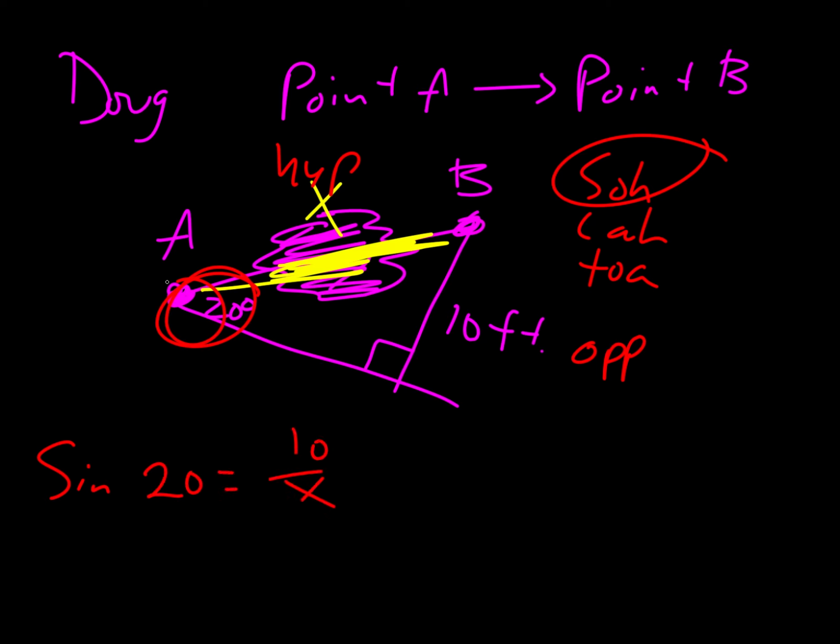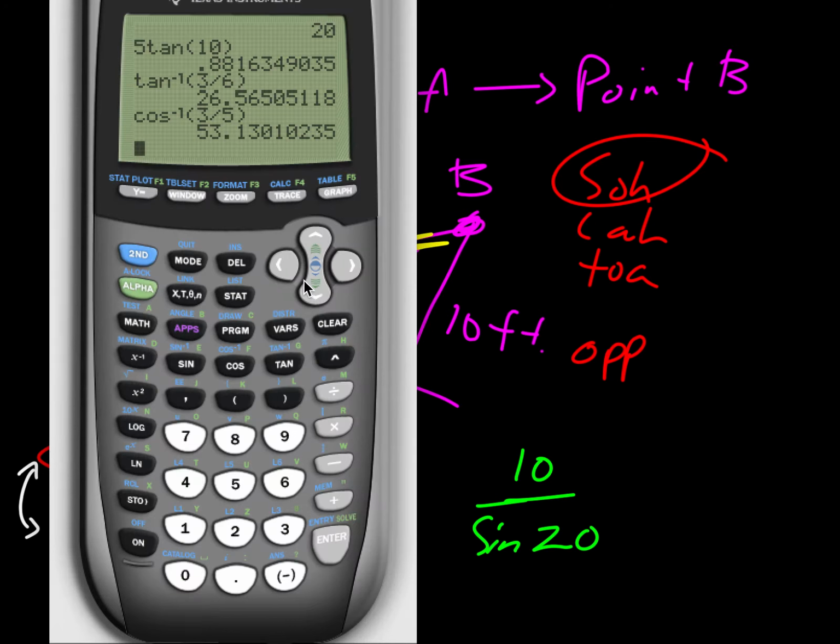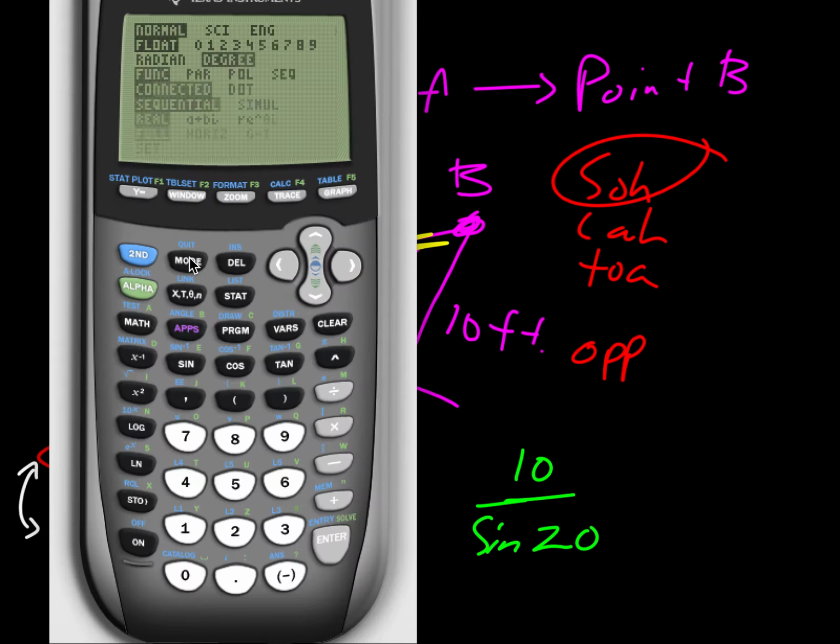For the algebra on this one, we want to flip both sides. So we get 1 over sine 20 equals x over 10. Then to continue the algebra, we multiply by 10 on both sides, so we get 10 over sine 20. We come to our calculator. Mine's in degrees, but you always want to hit mode and double check that you're in degrees.